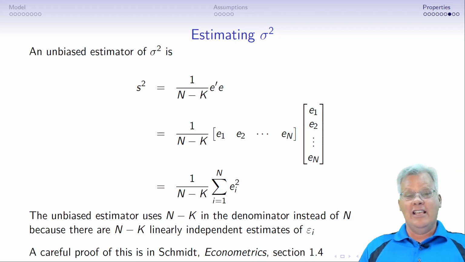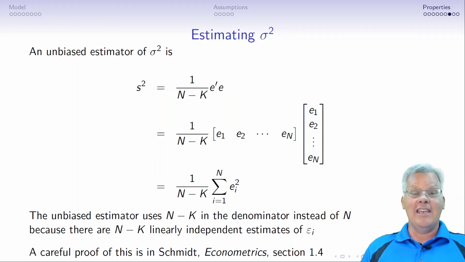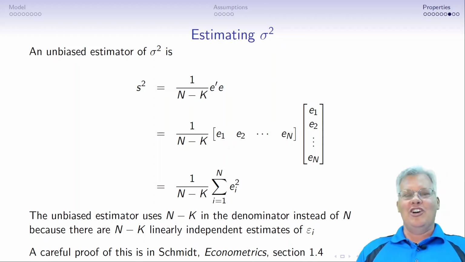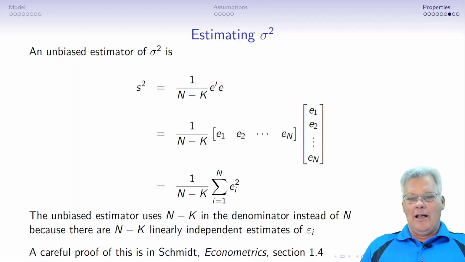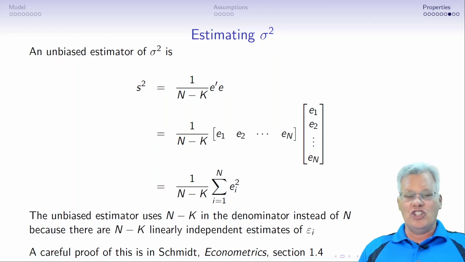S squared is equal to 1 over n minus k times E transpose E. And just to remind you, E is the vector of the OLS residuals, so E transpose is a row vector of the residuals. This is equivalent to 1 over n minus k times the sum of each of the residuals squared.